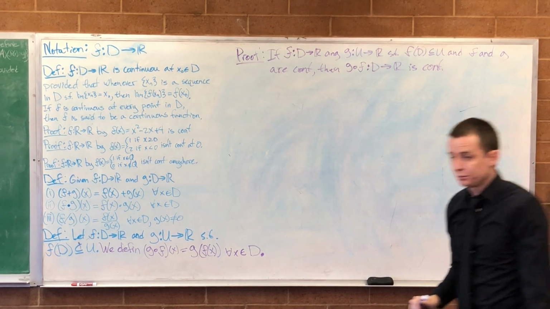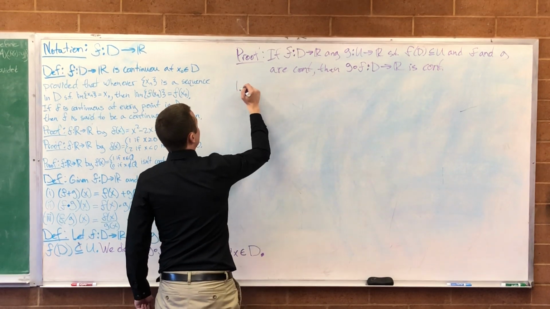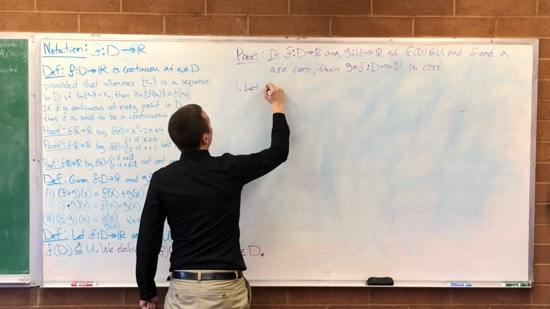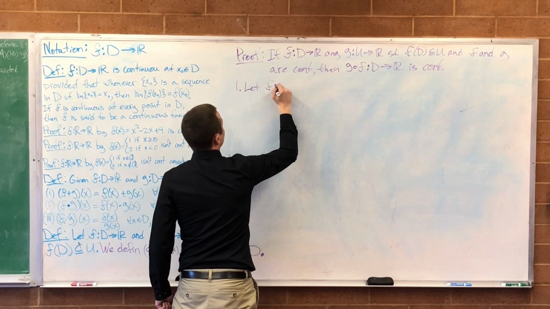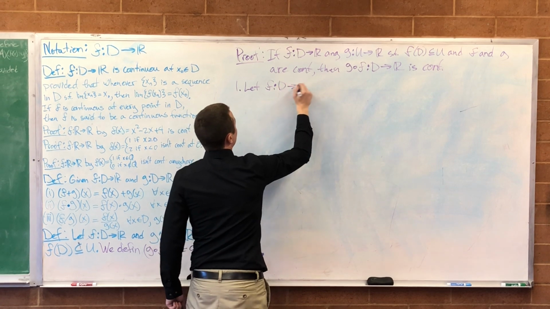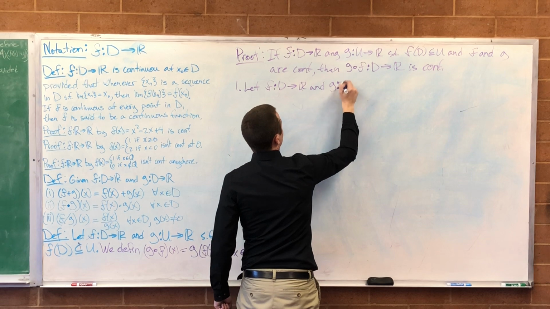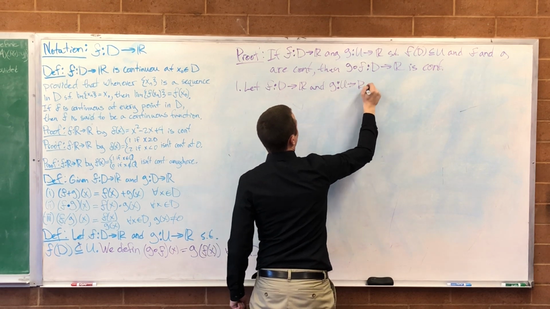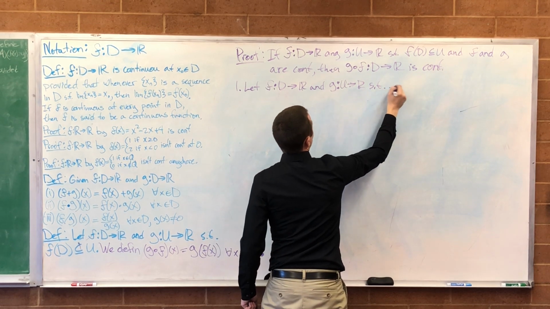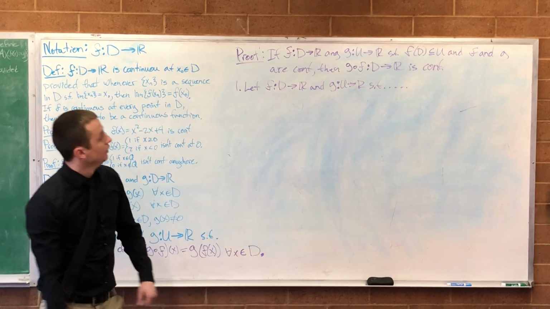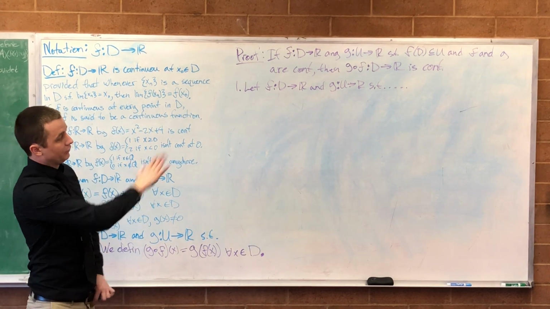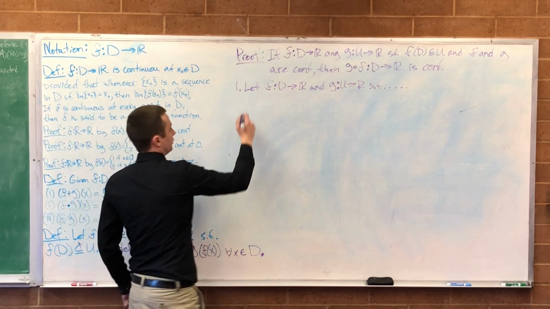Alright, let's prove it. Let f from D to R and g from U to R be such that, everything up there, f of D is a subset of U and they're both continuous.